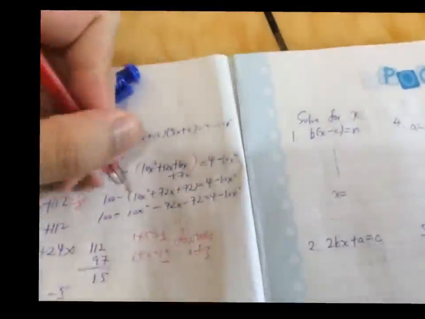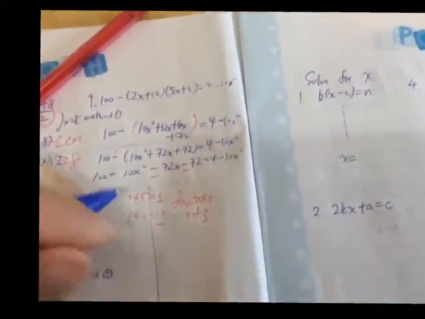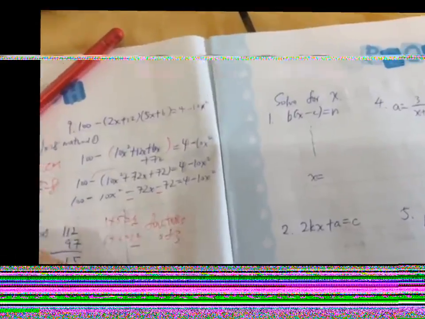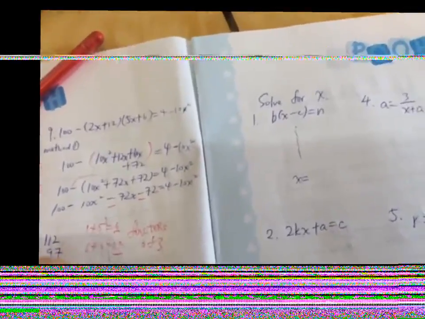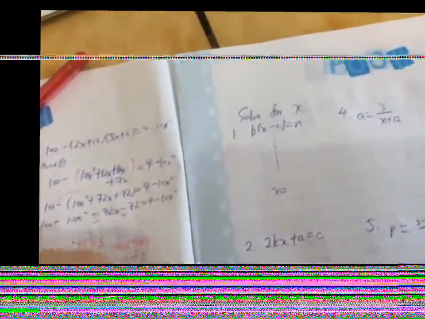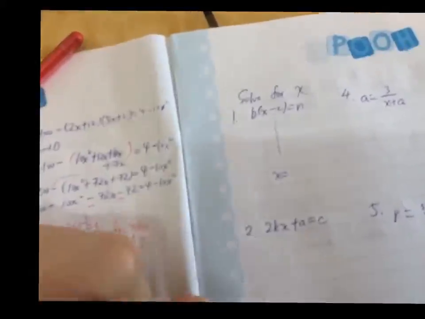Okay, remember when you remove the bracket, these two. So there's no space here, I move it here. I combine these two first. So we get negative 10x squared minus 72x plus 28 equal to 4 minus 10x squared.